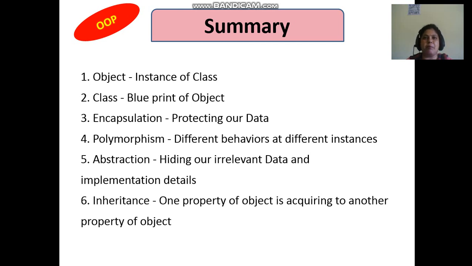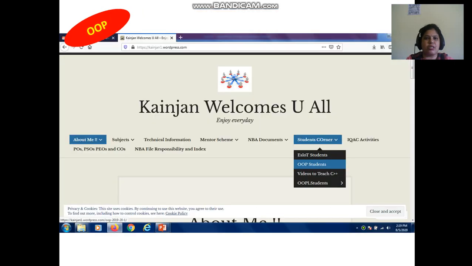Abstraction means hiding the implementation details and not showing irrelevant data to others; only what is relevant will be highlighted. Lastly, inheritance: one object acquiring the properties of another object. That is, a base class shares its properties with a derived class, and the derived class acquires the properties of the base class. This is what we saw in this session.